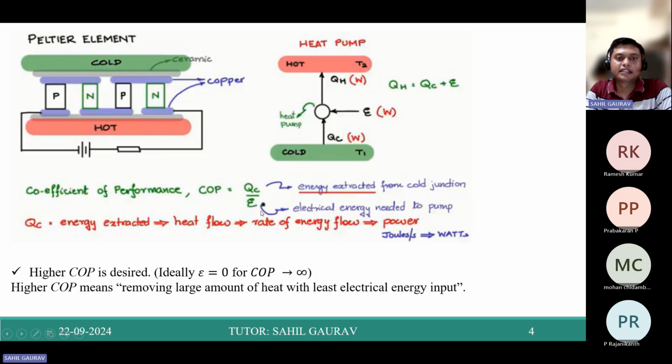It means that we are extracting more energy from the cold junction while providing less electrical energy. For an ideal Peltier device, the electrical energy needed to pump is 0, and that gives a COP, coefficient of performance, of infinity. So a higher COP means removing a large amount of heat with the least electrical energy input, and that is the desired one.